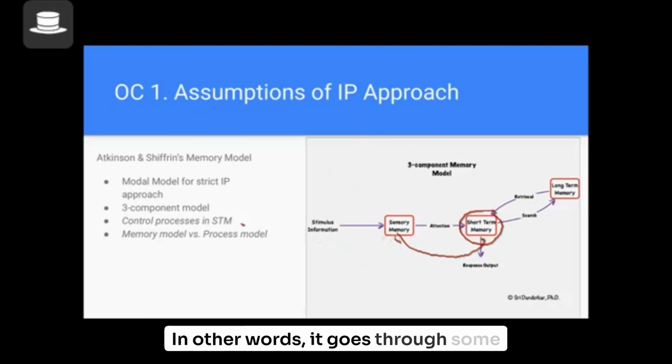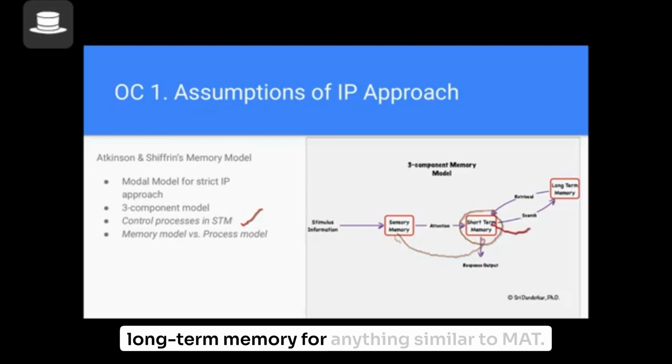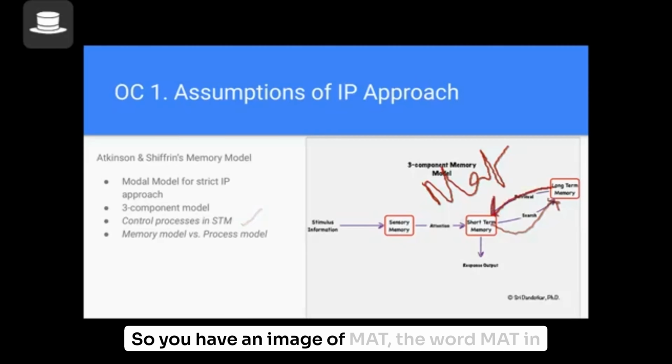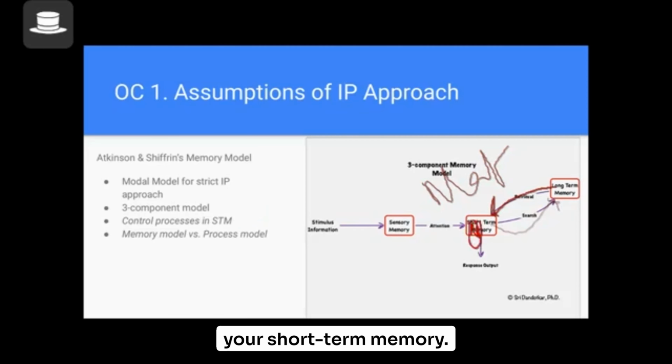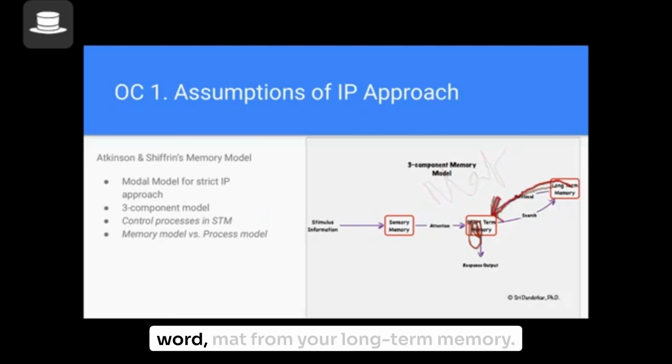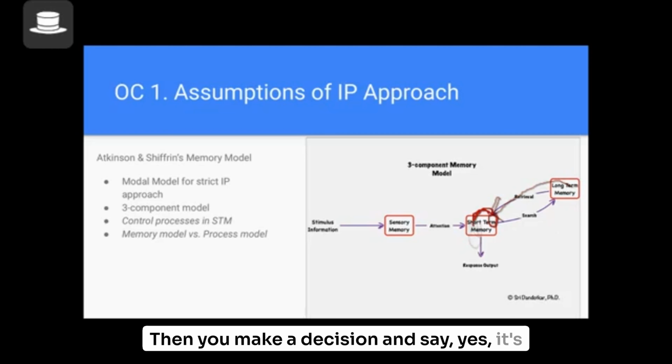In other words, it searches the long-term memory for anything similar to MAT. Then it retrieves the product of the search. So you have an image of the word MAT in your short-term memory, and you have retrieved a representation of the word MAT from your long-term memory. Then you compare these two. Then you make a decision and say, yes, it's actually a word. Then you respond saying yes or no.